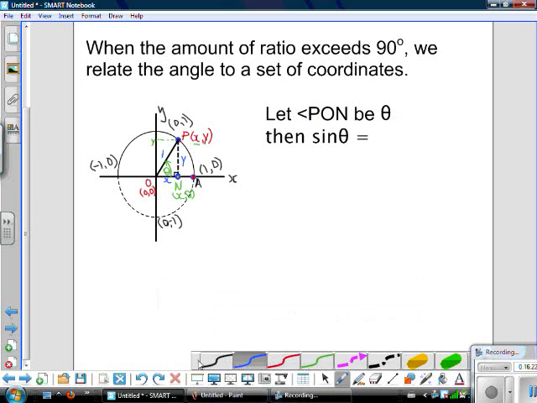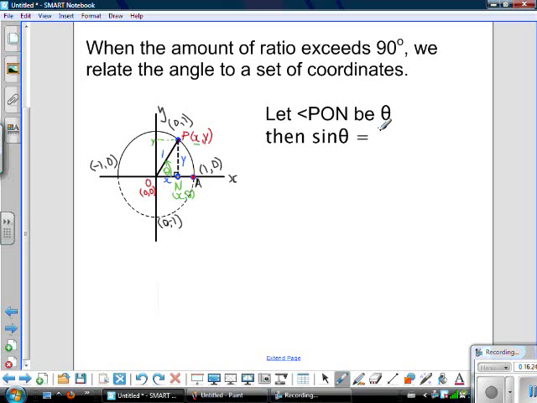So let's put that opposite over hypotenuse. But if I look at my unit circle here, opposite of theta is y, and the hypotenuse is here, which is 1, because that was the radius.